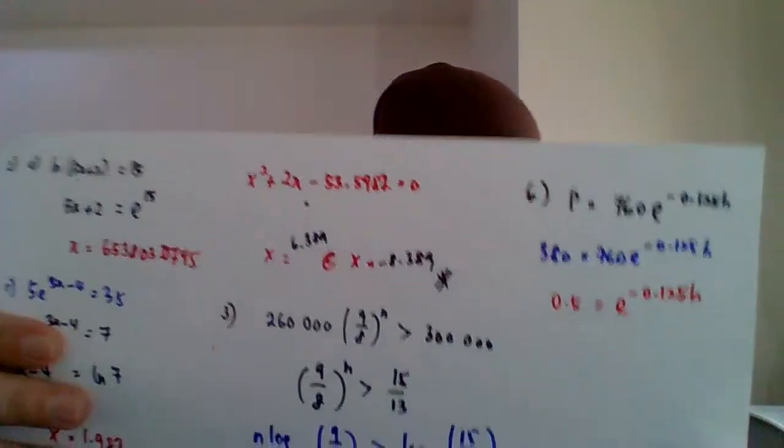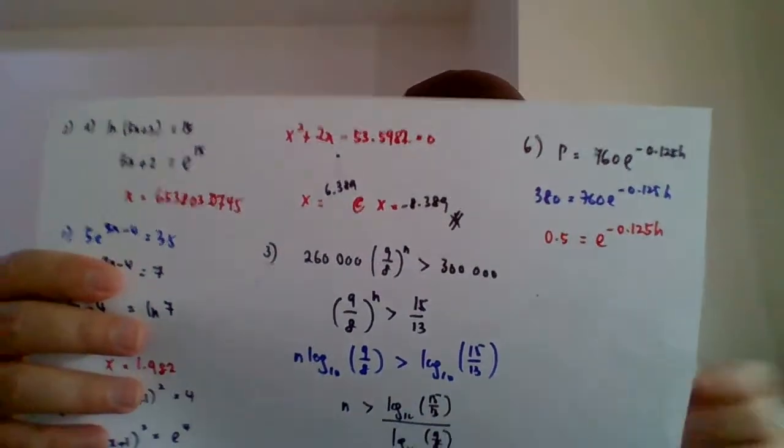Since we have 380 and 760, we need to simplify first. 380 divided by 760, you will get 0.5, or 1/2. This is what we are supposed to get.